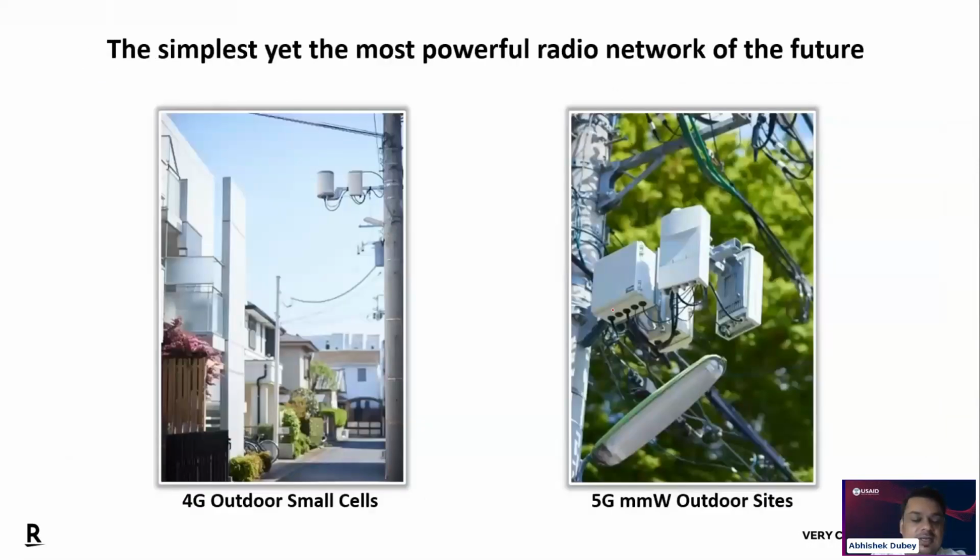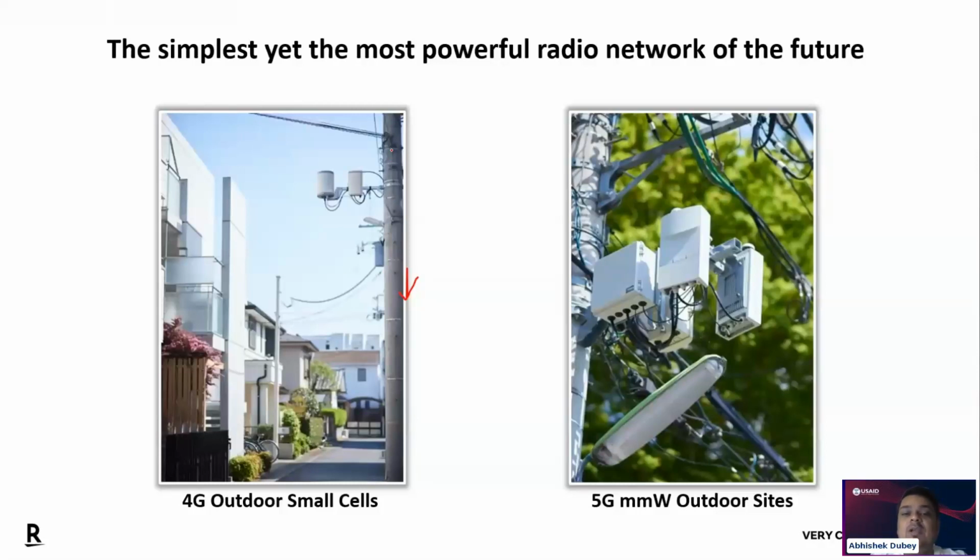All right. Okay, this is the deployment in the societies. So this is the outdoor small cell. You can see this is a normal multi-use pole, not installed purposely for telecom deployment.